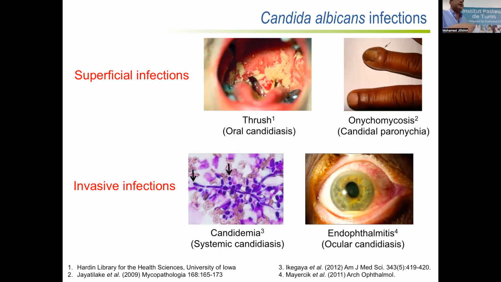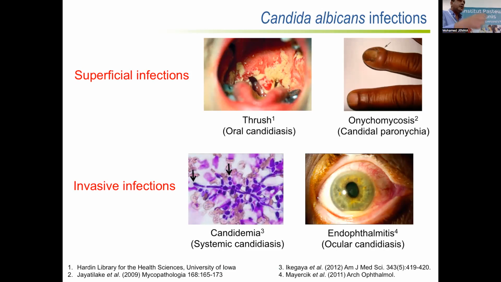Then in immunocompromised patients, Candida albicans can reach the bloodstream and cause invasive infections. The presence of Candida in the bloodstream is called candidemia.